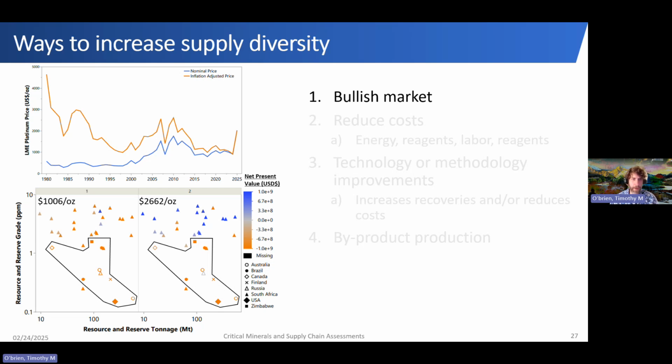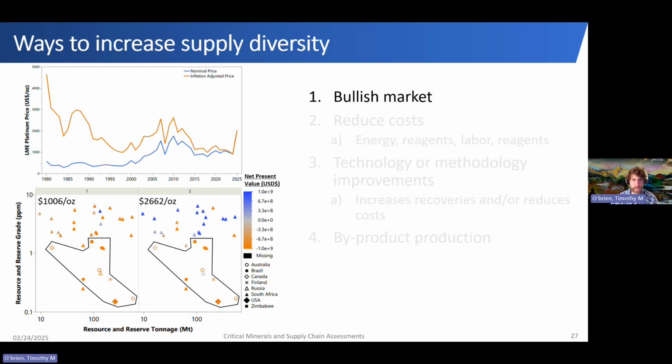In addition to just having that grade and tonnage, the color indicates the net present value. What we're seeing here is that blue is positive net present value, orange is negative. And the mines that we're mostly going to be concerned with are in this outlined box. Those are the ones we're trying to get, the non-South African mining projects.